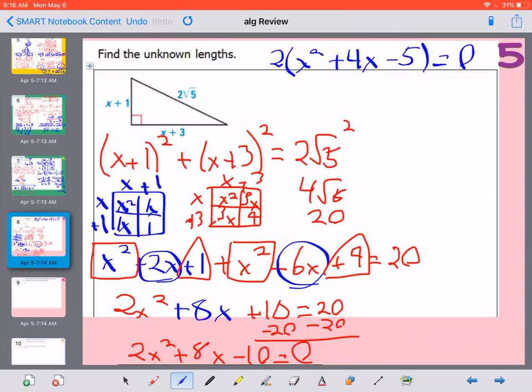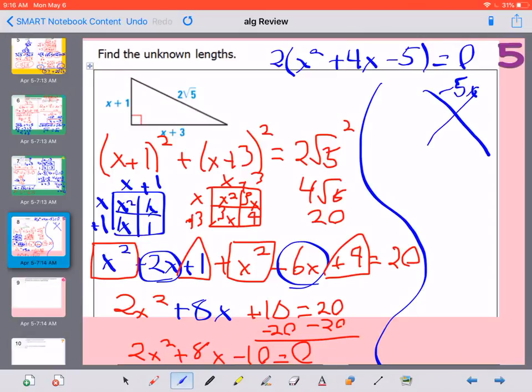So I'm going to factor x squared plus 4x minus 5. Negative 1x and 5x will add up to 4 and multiply to negative 5.